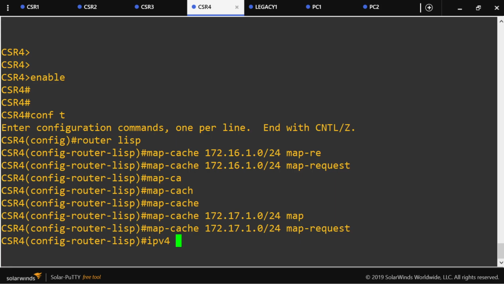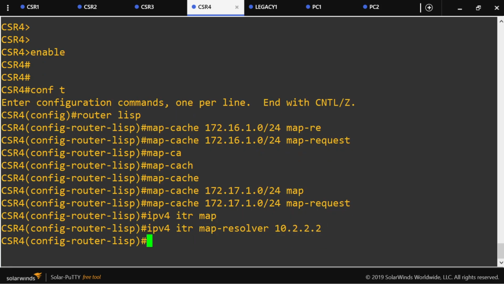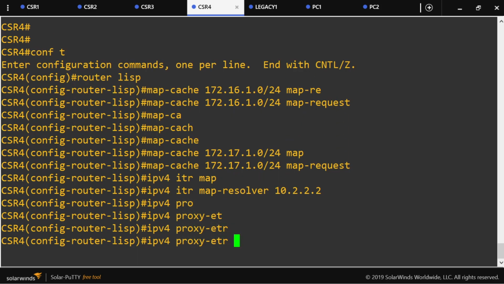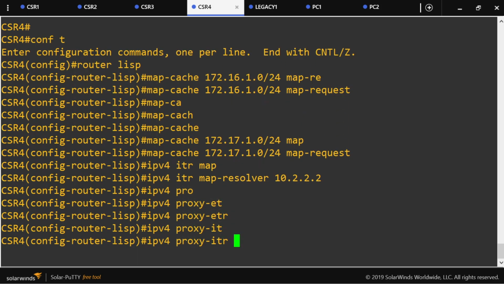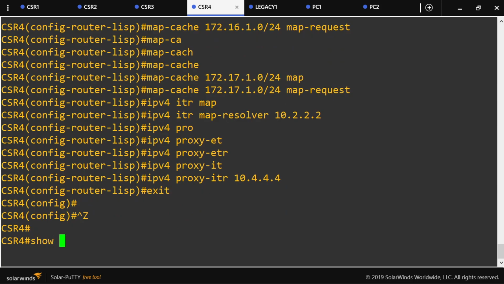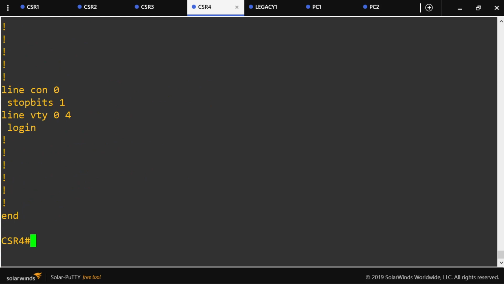Then we're going to set up the map resolver, which will be router 2, and proxy-etr and proxy-itr. We're going to use our loopback, and that's it. That is all we need to set up a LISP PxTR.